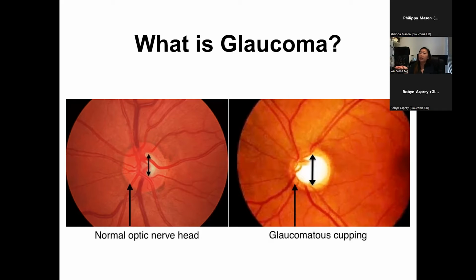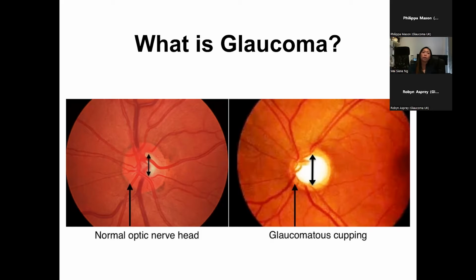And ideally, we want a big, nice, fat bundle of nerves. And you can see here to the left, there is an optic nerve that's nice and fat, like a full donut. Whereas to the right, there is this loss of nerves, and this loss is thickening, like someone has taken a big bite out of it.